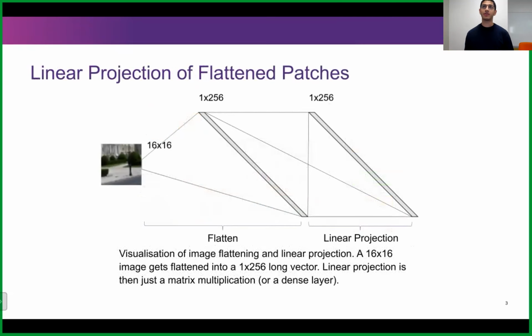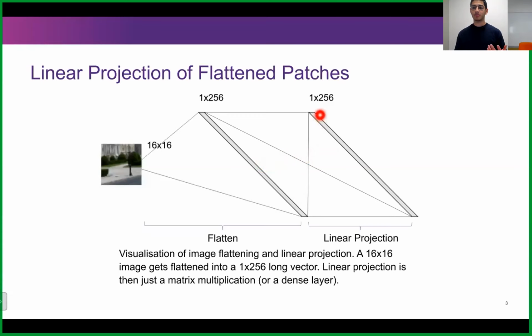So I'm going to try and break this down into the things that are a bit novel compared to the regular transformer. The first of these is, as I mentioned, the linear projection of flattened patches. As described, we take one of our patches, in this case 16 by 16, and lay it out as a one-dimensional vector. In this case, it's a 1 by 256. And then for the linear projection, you just use a dense layer, or a matrix multiplication, to project this 1D patch into a more informative representation, something that could make sense to the transformer that isn't just a series of pixels.